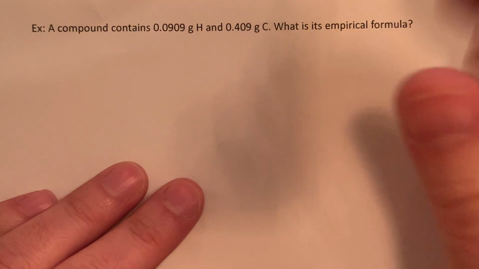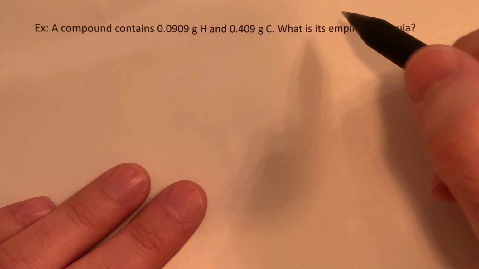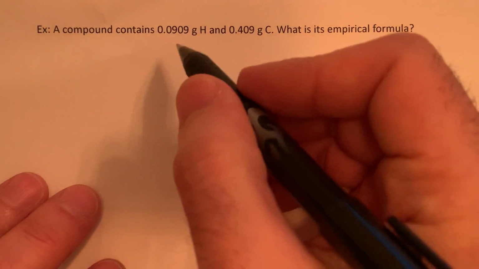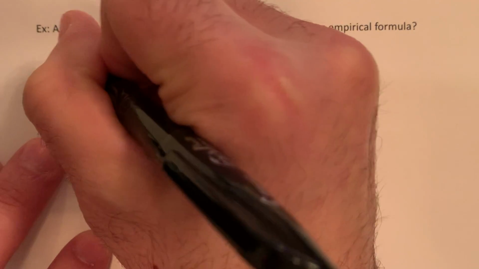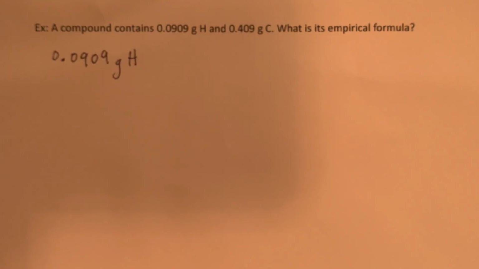All right, so the first step is turn percent into grams if necessary. On here, it's not necessary. We're already in grams. So we're on the second step. Turn grams into moles. So I go 0.0909 grams of hydrogen.